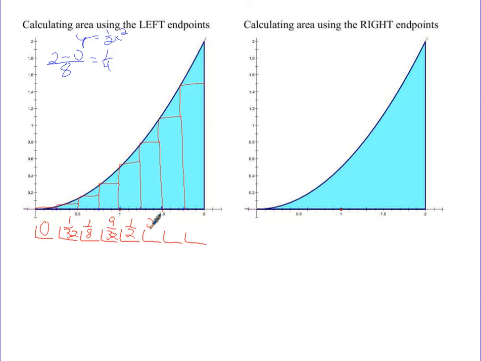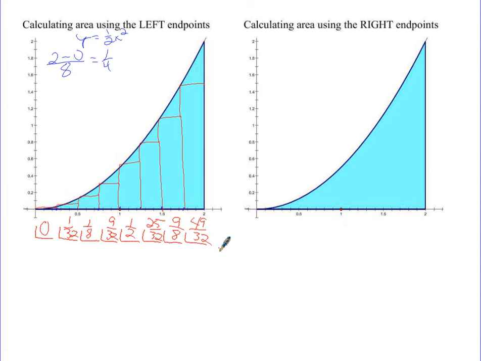Okay, next. 1.5. 9/4 times 1/2 is, here's your 9/8. And finally, 1.75, so 1 3/4, 7/4, 49 sixteenths times 1/2 is 49/32.